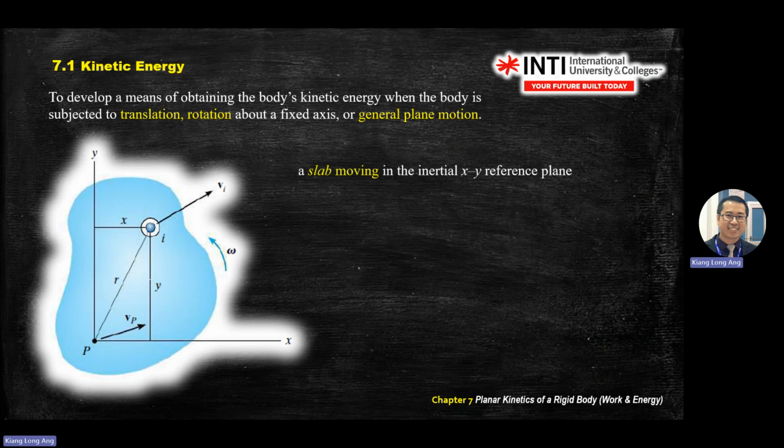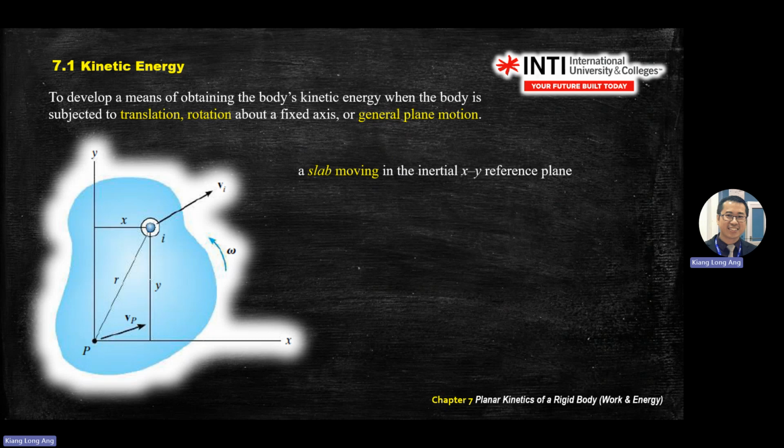Okay, so just a recap. When you see this diagram, you know that this is a rigid body with a point X and Y, point P as the reference point, and there's a velocity at point P, and there's a rotation of omega with its rotational velocity.